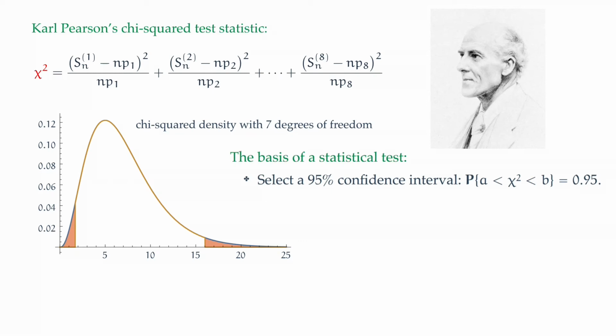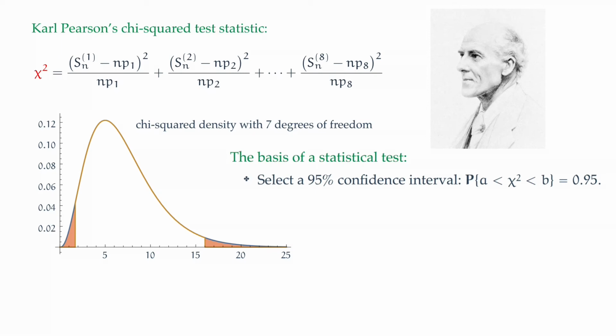Select an interval where the chance of the chi-squared value falling in that interval is 0.95. Why 95%? Well, choose what you will. Replace it by 99%, you get a slightly different interval. Or 90%, you get a slightly bigger interval. It makes little matter. Pick a confidence level that you're happy with. Let's say 95% for definiteness.